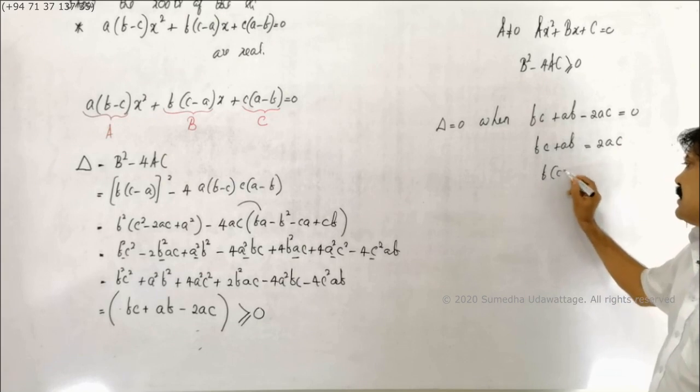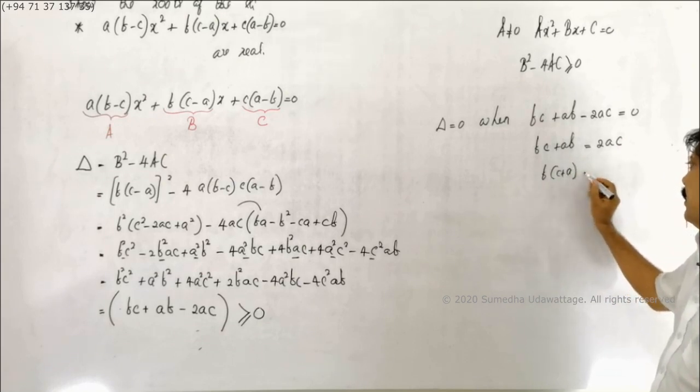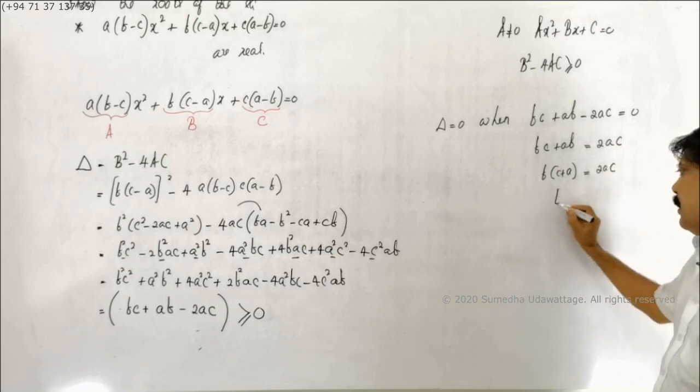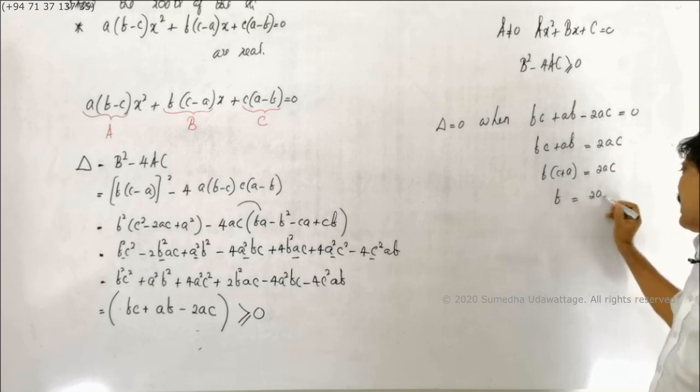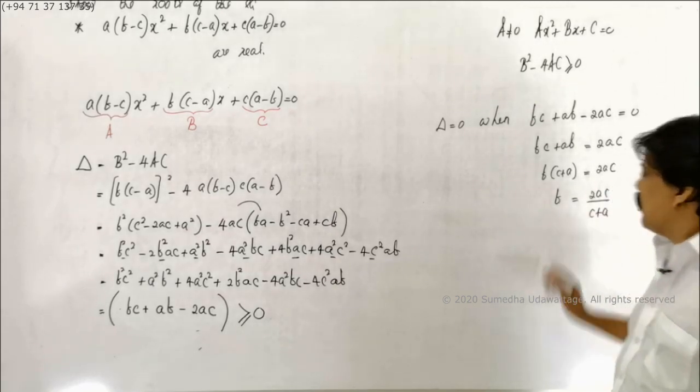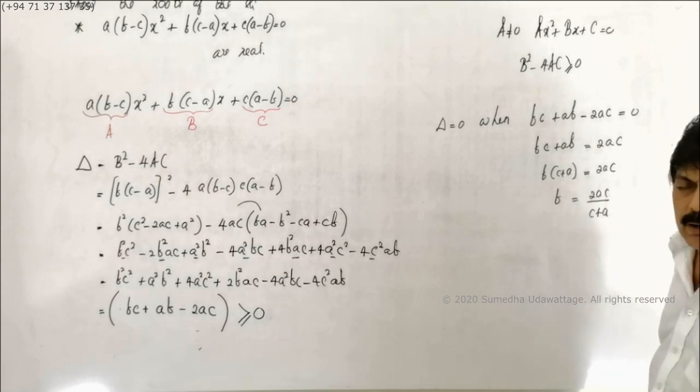B common, C plus A, would be 2AC. B would be 2AC divided by C plus A. Now delta can be 0.